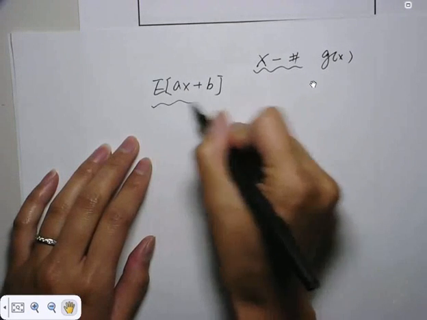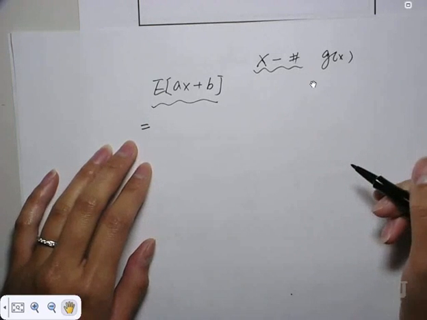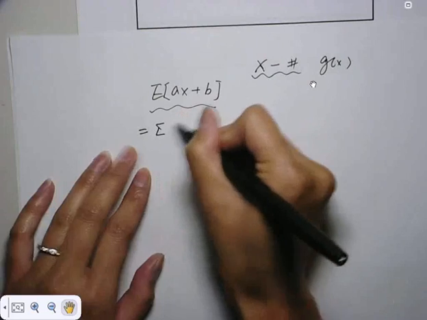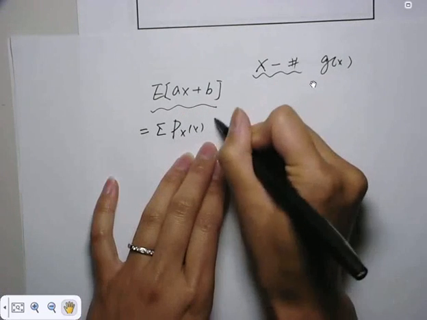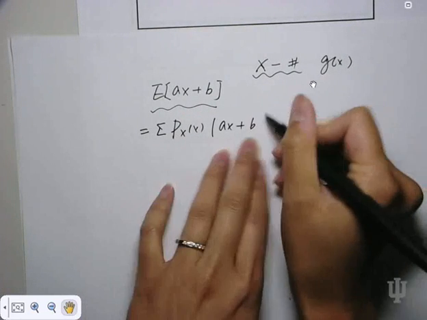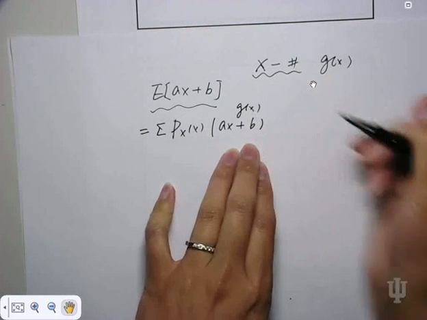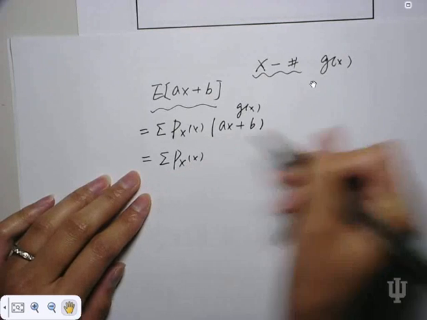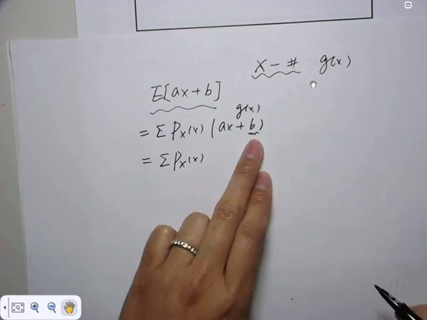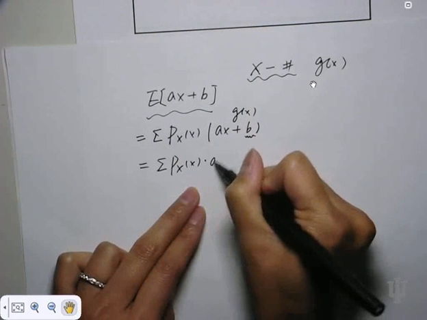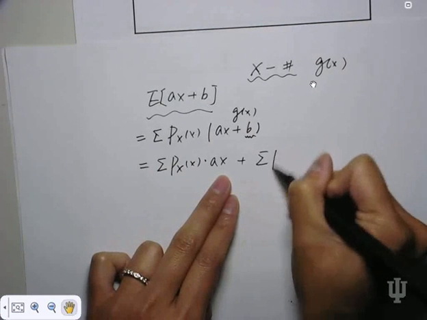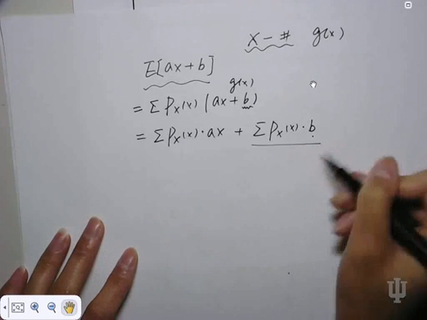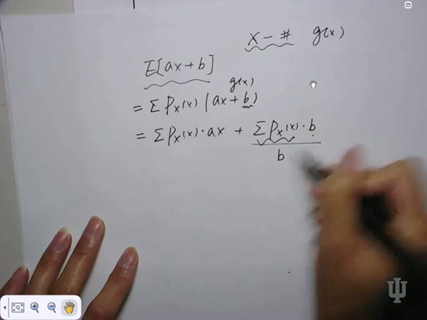Let's do it. We still treat ax plus b as a function of x, g of x, right? And you will like this part because it's a constant number times the sum of the probabilities, and you know this is b because this sums up to 1.